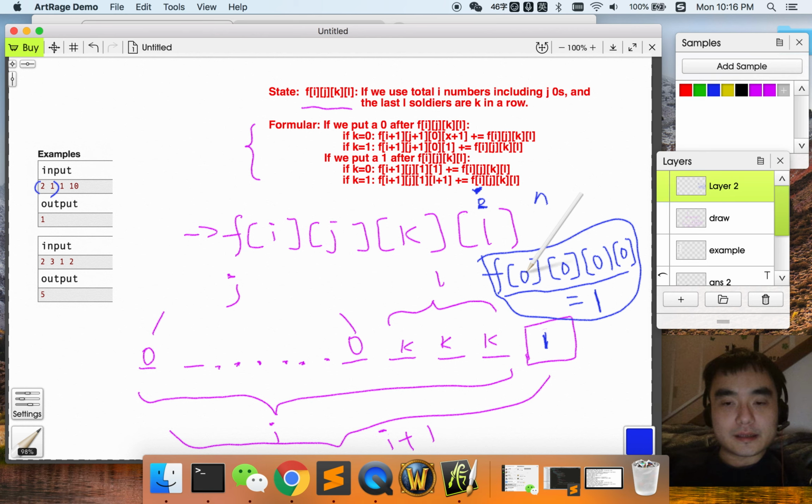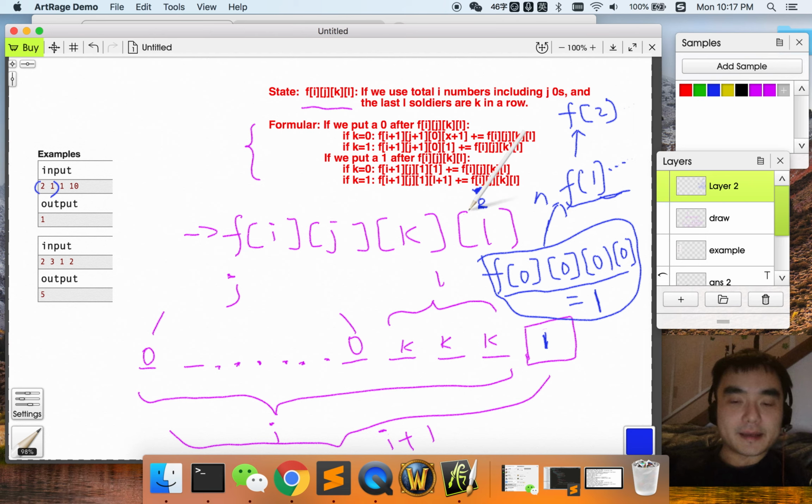And we can calculate f1, etc. from this state, right? And after we calculated all the f1 states, we can use them to calculate the f2 state, right?